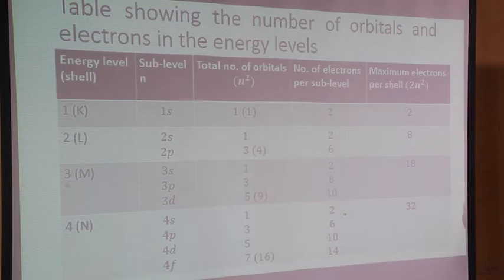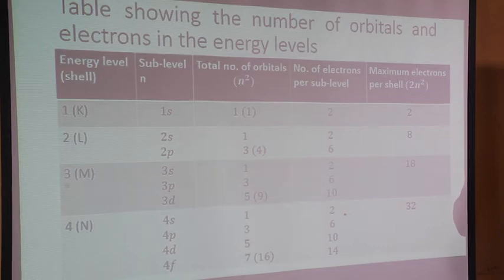18. Now the N shell, you can also see we have the 4s, the 4p, the 4d, and the 4f. The total number of orbitals there is 16, based on the table you can see. And we also have the total number of electrons per sub-level. Per sub-level means per room.